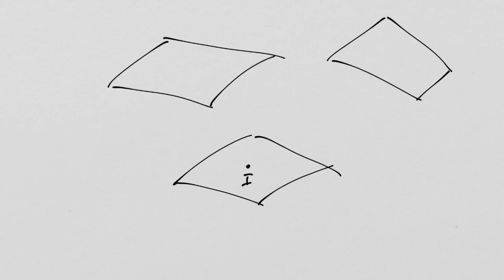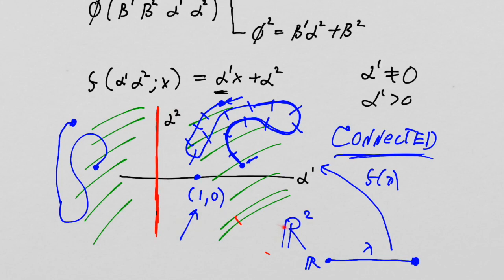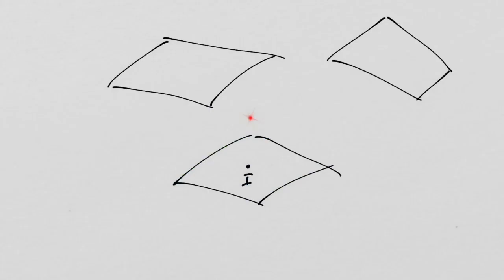But as far as being manifolds, the manifold structure of this connected part is identical to the manifold structure of every one of the other disconnected parts. That's going to always be true for a continuous group. So this, as a manifold, is pretty much the same as this. They're both half planes, right? And that would be the truth for any circumstance, no matter how complex your continuous group is.